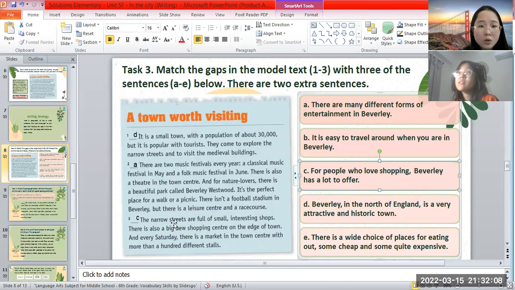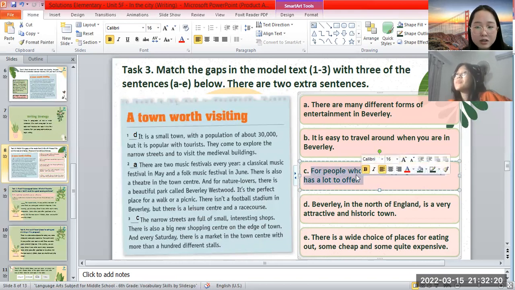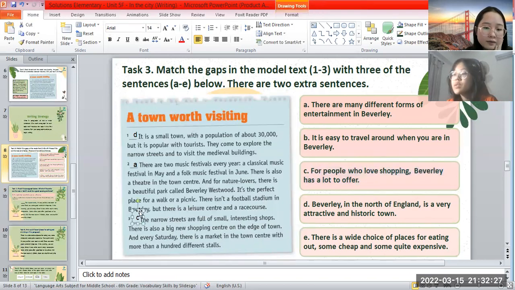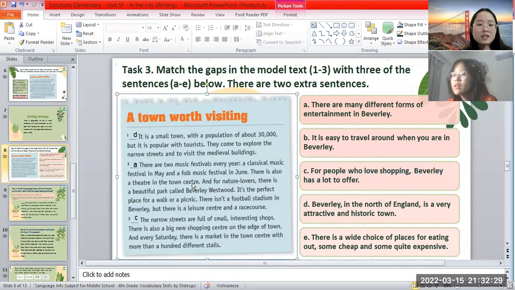There is also a big new shopping center on the edge of town. So that is related to shopping. Just sentence C mentioned shopping, so C is correct here. So we have D, A, and C.